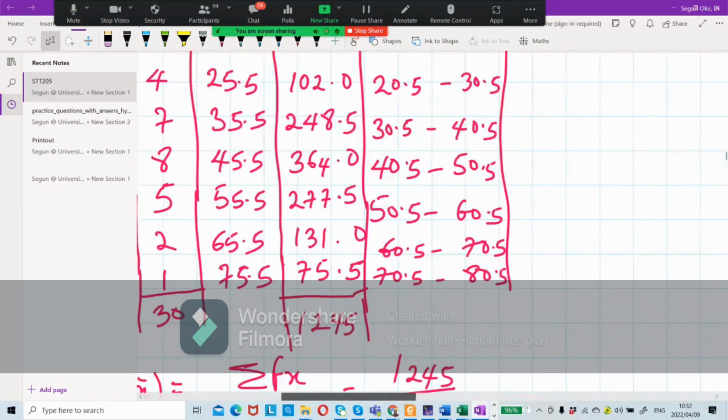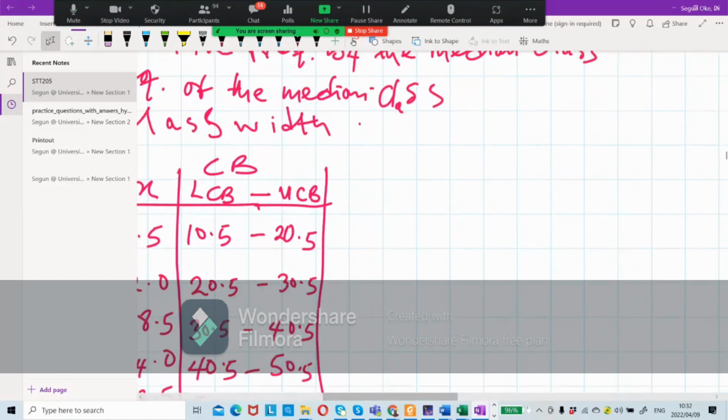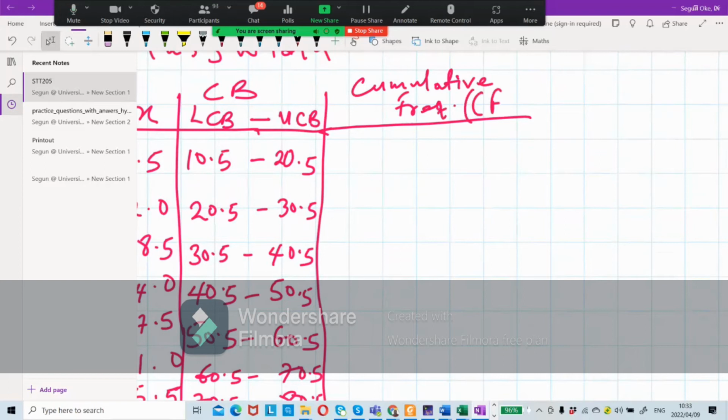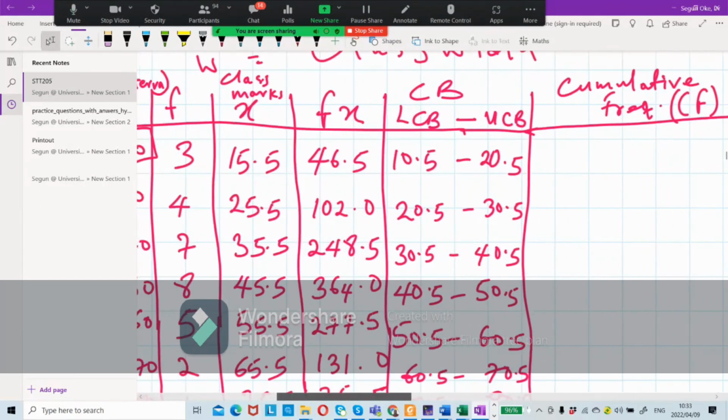Okay, let's continue. At this point, we need another column called cumulative frequency, CF. Let's go to our frequency and sum them to find the cumulative.